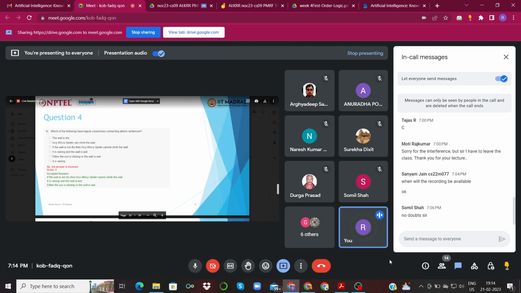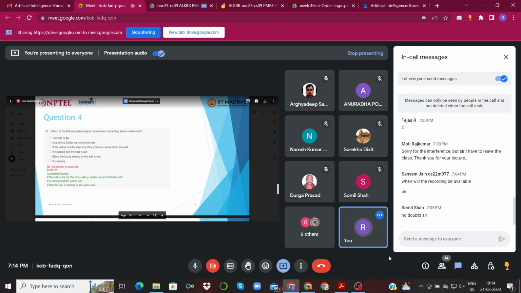Okay, so this is also pretty straightforward. We are asked about which of the following have logical connectives, right? So the first one does not have any logical connective, right? Because it is an atomic sentence itself. The second one is also not having any logical connective because Incy spider can climb the wall is also an atomic sentence.